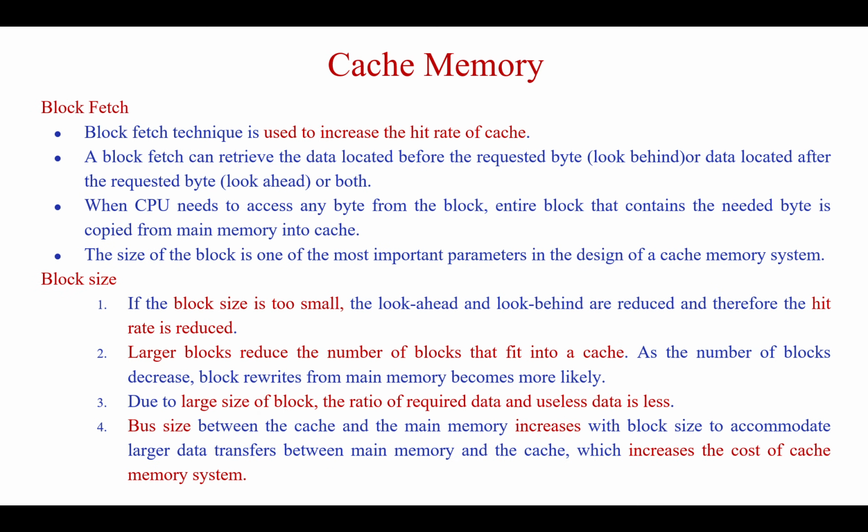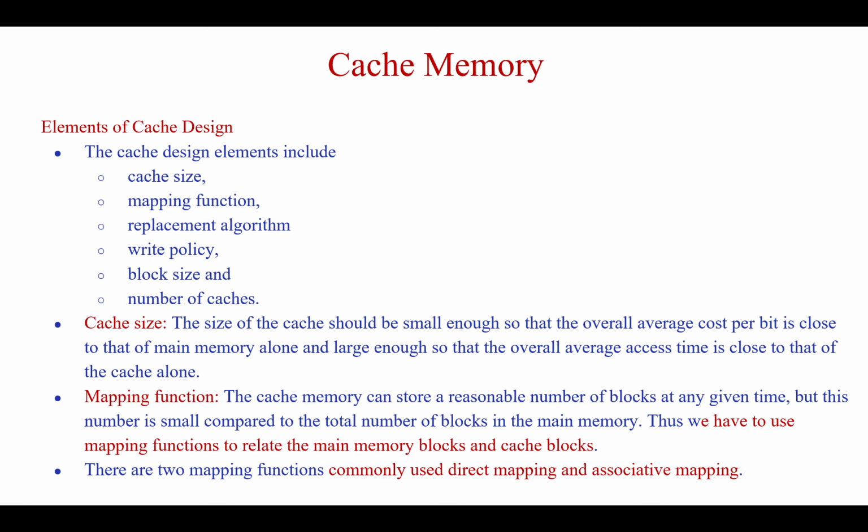Next, the elements of cache design. Cache design elements include cache size, mapping function, replacement algorithm, write policy, block size, and number of caches. Cache size, we already discussed in L1, L2, L3 cache.